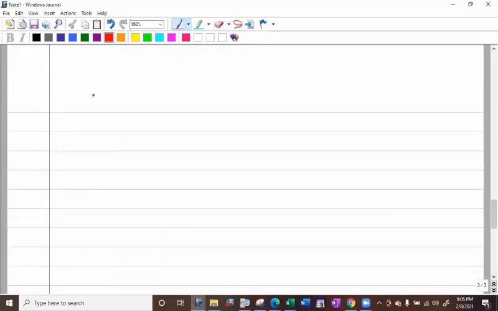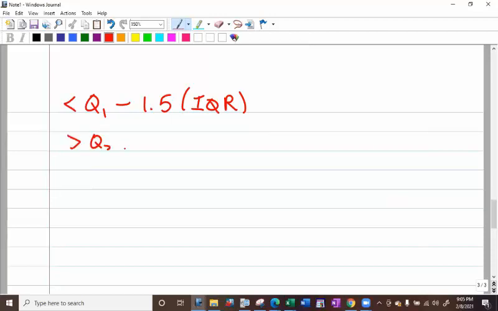If you take Q1 minus 1.5 times the IQR, anything less than that, or greater than Q3 plus 1.5 times the IQR, is considered an outlier. 1.5 is just the value they chose.